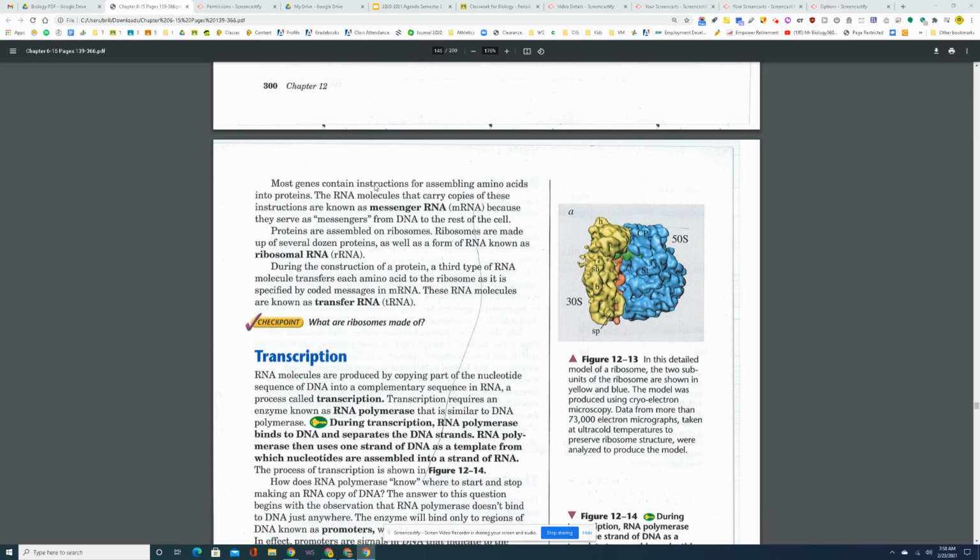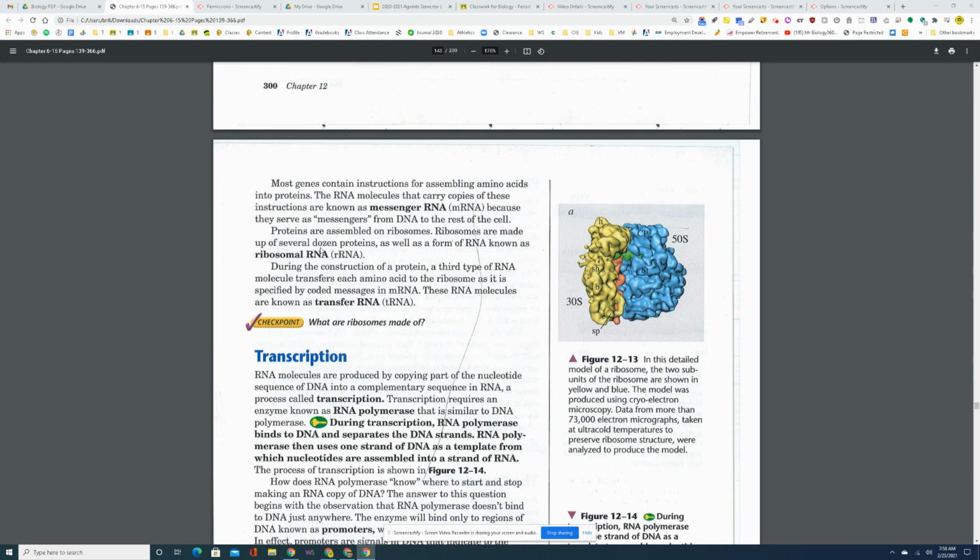Most genes contain instructions for assembling amino acids into proteins. The RNA molecules that carry copies of these instructions are known as messenger RNA, or mRNA, because they serve as messengers from DNA to the rest of the cell. Proteins are assembled on ribosomes.